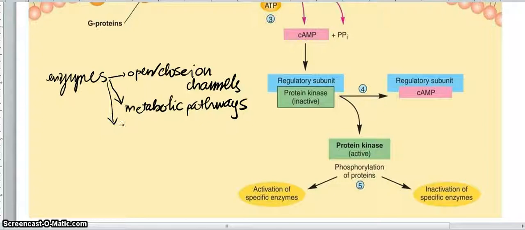And they can also activate a transcription factor. And as you know, transcription factors will go into the nucleus and start making mRNA that will then be translated to make new proteins to carry out the response.